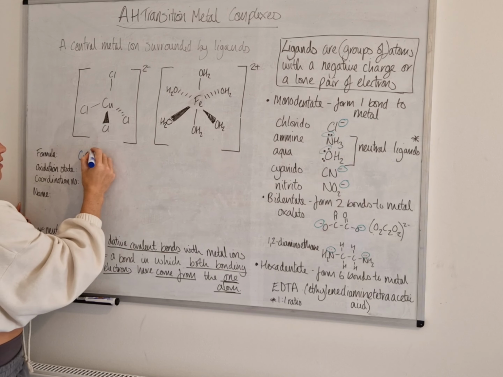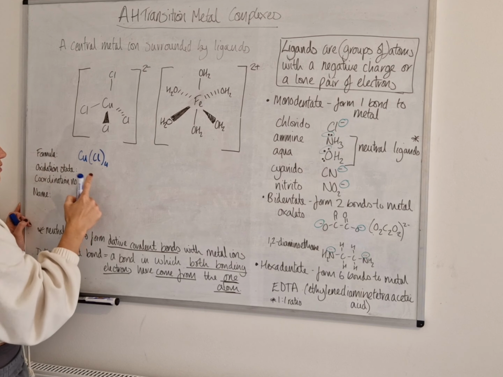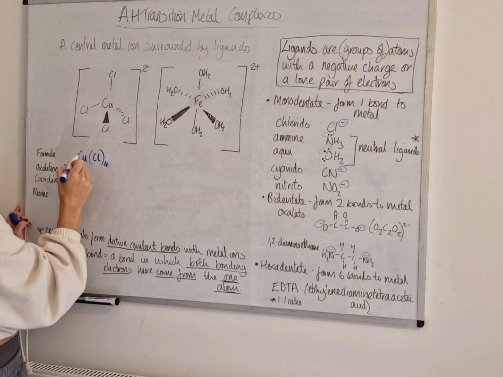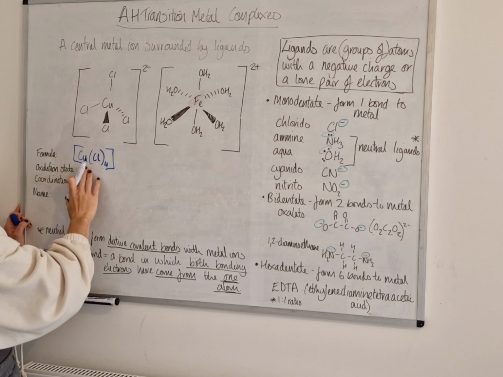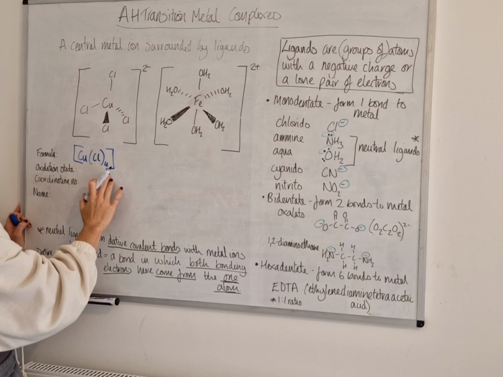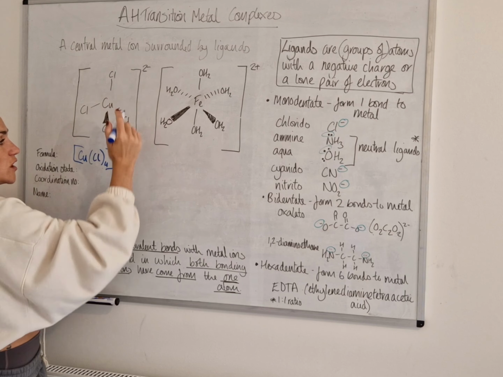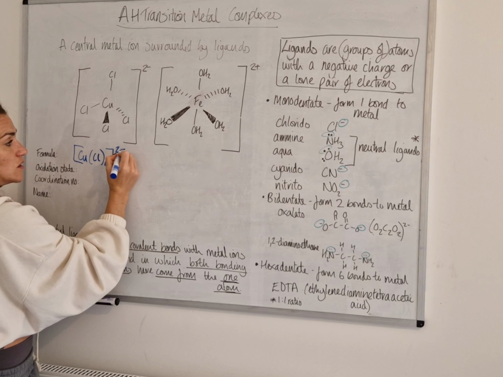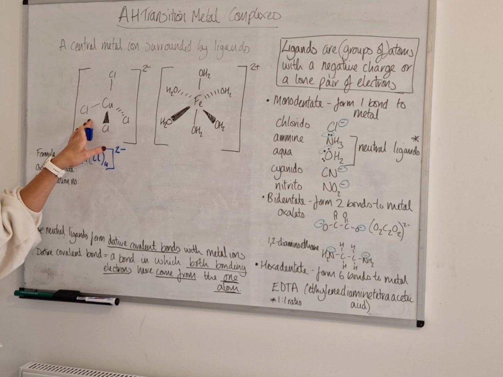So the ligand is chloride, and there's 4 of them. So it would be Cl with a 4, and then it always goes in a square bracket. So the full formula goes in a square bracket, and any overall complex charge then goes outside the square bracket. So that would be the chemical formula for this complex up here.